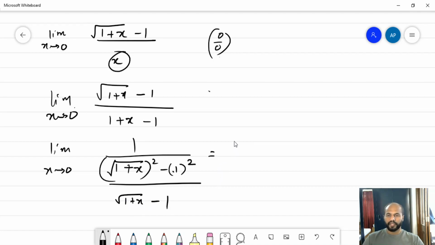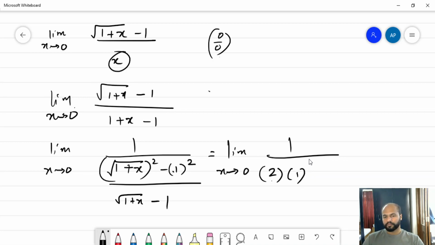Now further what we can do is limit x tending to 0, 1 by this. So this is going to be n a to the n minus 1, that is 2a to the n minus 1.